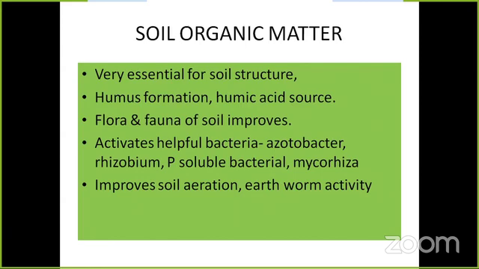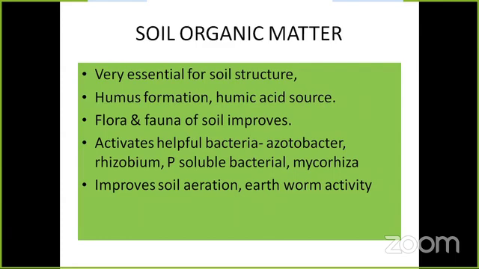So this organic matter basically helps in forming humus and humic acid. It is the source of humic acid. Flora and fauna of the soil improve. Flora and fauna means the animals and the fungi and bacteria which are helpful for the life of the plant; they are all going to improve when there is organic matter.